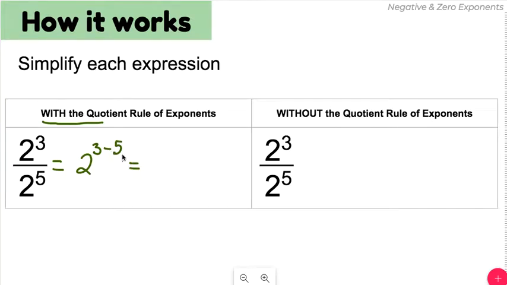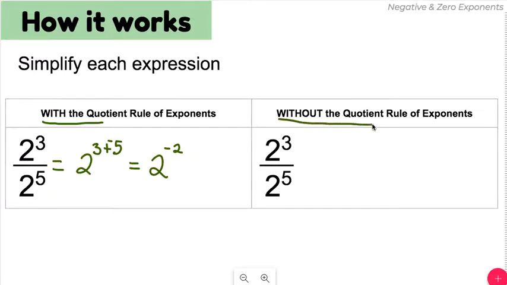Now be careful with your subtraction because we're starting to get some negatives. If you have to, add the opposite, and you end up with 2 to the negative 2nd power. And I just said a negative exponent is not an acceptable simplified answer. But for what we're looking at here, keep it this way for just a second.